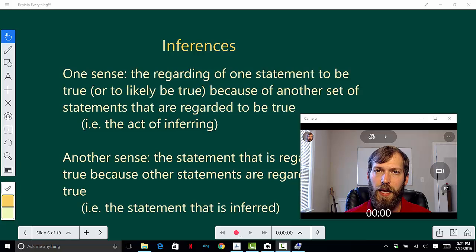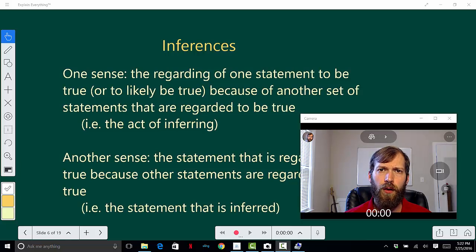So we said that an argument is a set of structured statements that reflects an inference. We just talked about what statements are, and now we need to know what inferences are. I'm going to provide you with two senses of the word inference, and it's actually going to be different than what the textbook gives you.